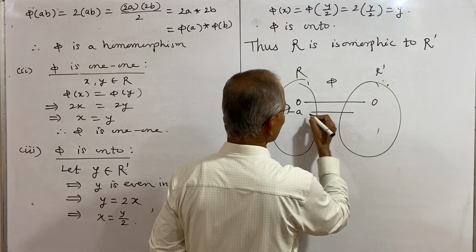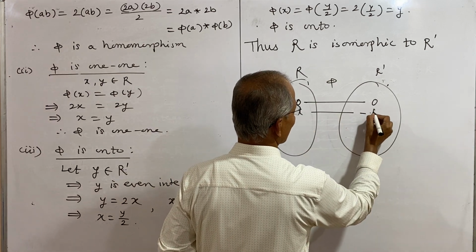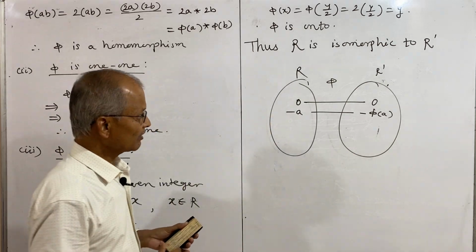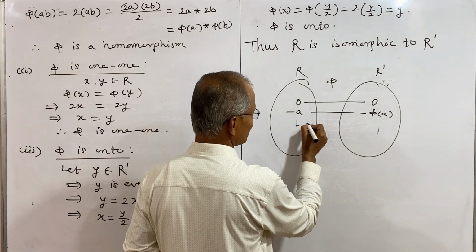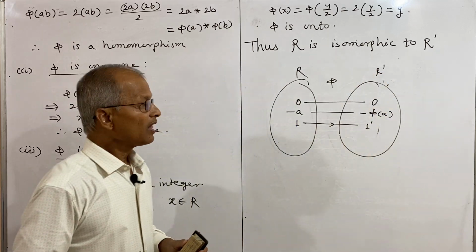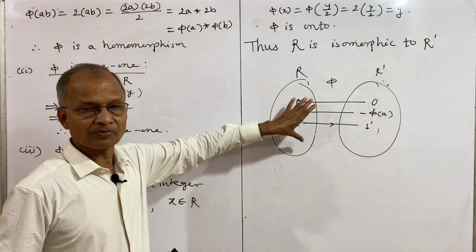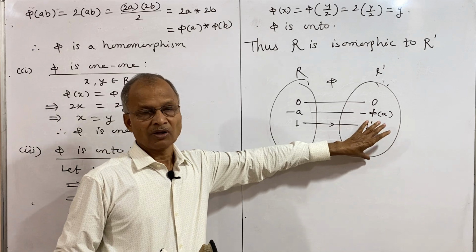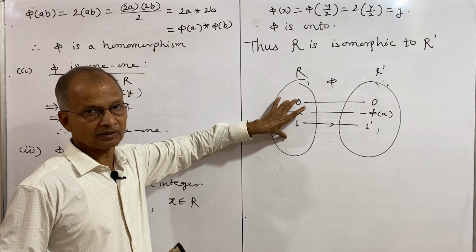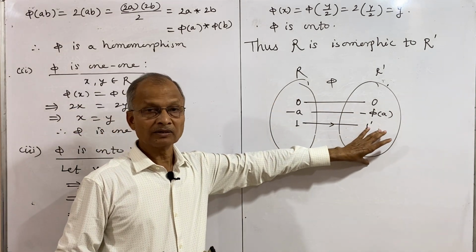That is, phi image of minus a is minus phi of a. And also a unit element in this is mapped to a unit element in R dash. And if R is commutative, then R dash is also commutative. Further, if R is an integral domain, then R dash is also an integral domain.